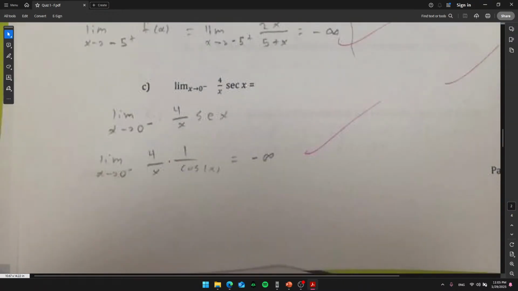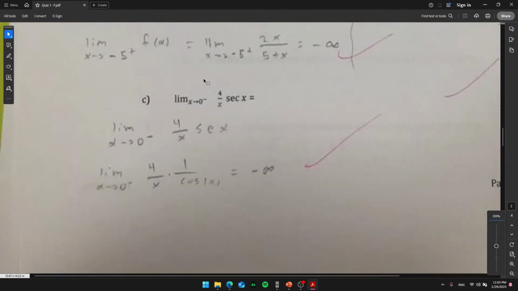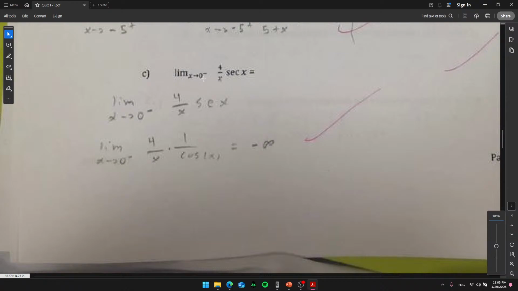Okay, nice. 4 over x. 1 over cosine. Wait, what? 0 from the left. 4 over x, 0 from the left is -infinity.